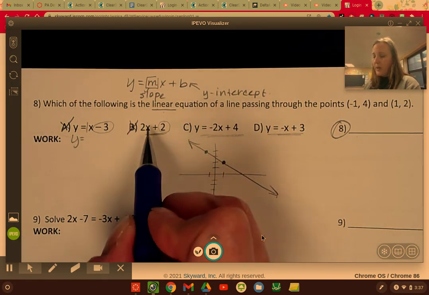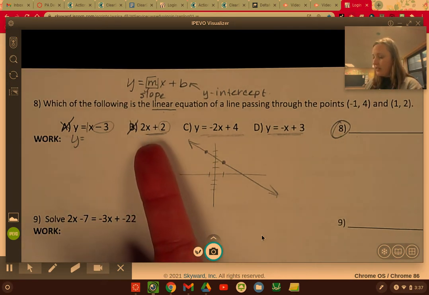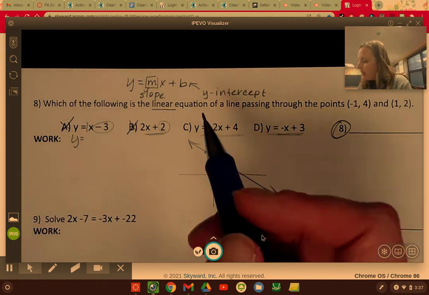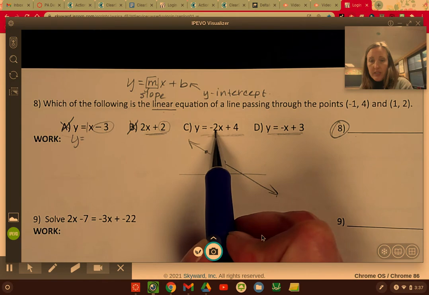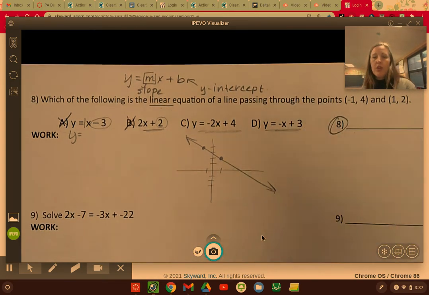No. That's a +2, so I'm marking that out. And for that matter, is that even an equation? It doesn't even have an equal sign. I should have marked that out from the very beginning, right? Let's try this one. Yeah, negative, so it's in contention, and negative, that's in contention. So my sketch helps me to rule some things out, but I still have to get a little more detail.